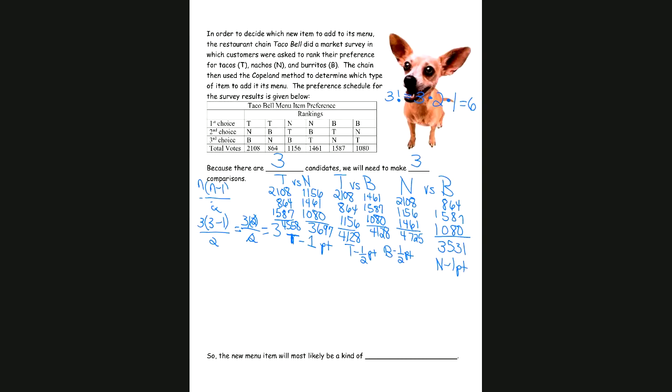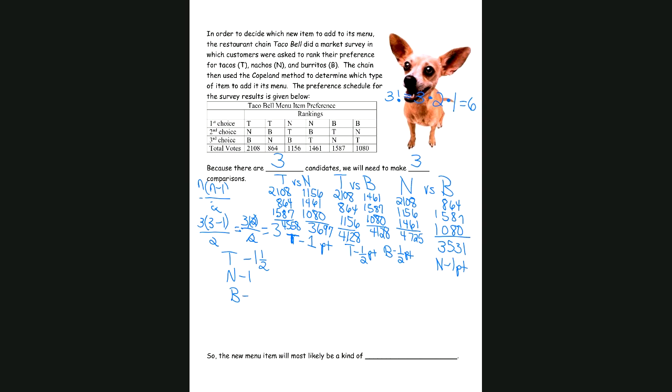All right, so now let's look at the points. I've got tacos, nachos, and burritos. Tacos gets 1.5 points. Nachos gets just 1 point.